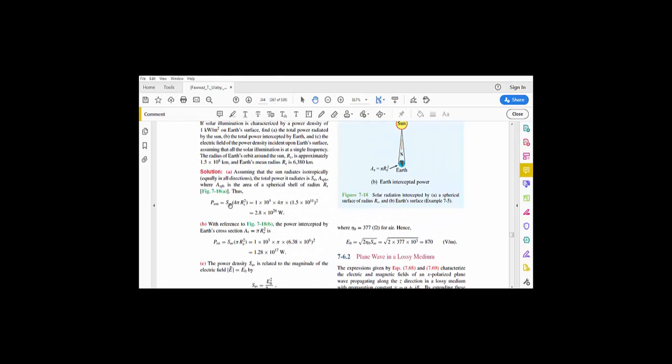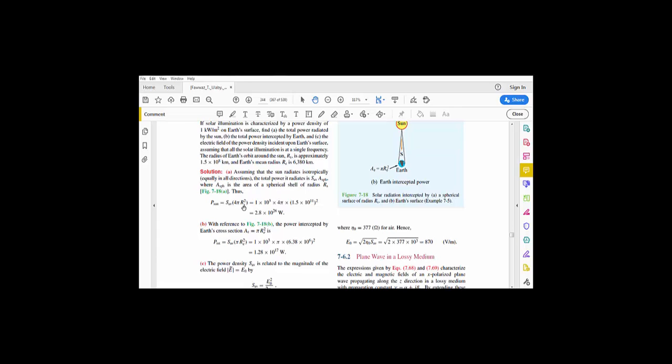So according to that, we use this power density and the area of the sphere which surrounds the sun, by using the radius or the distance between the sun and the earth. Sorry, rs here is not the radius of the sun; it represents the radius of the earth's orbit around the sun, or the distance between the sun and the earth.